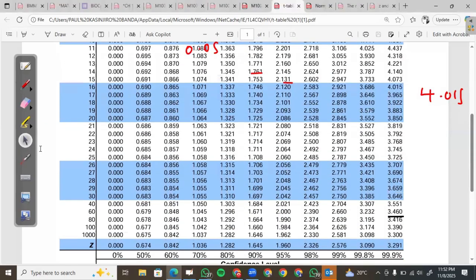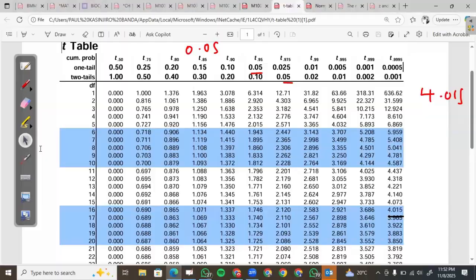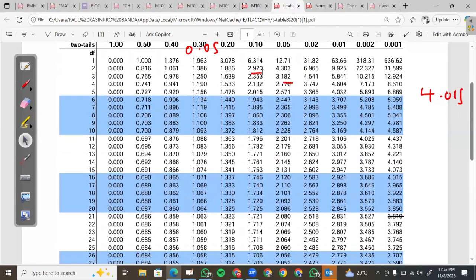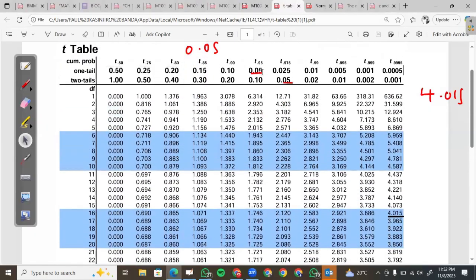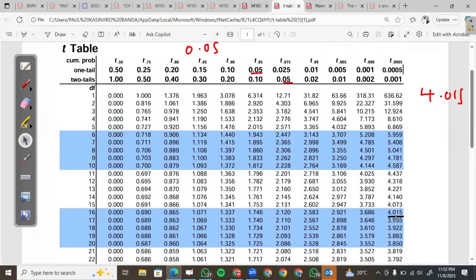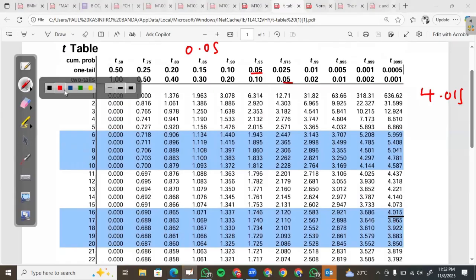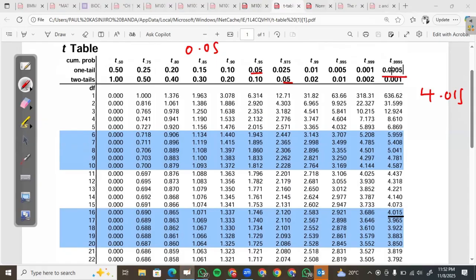Yeah, there is no 4. And even this one here, that also has 0.05. If I check in this column, I can't see any 4.015. So the only one that makes sense is this. It means they should have put this guy here, 0.0005.